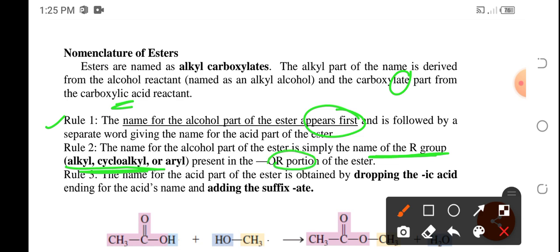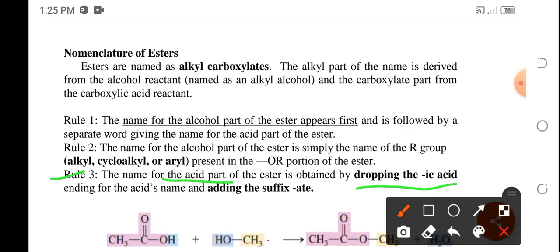And that is the OR portion of the ester. And then we have rule number 3: the acid part of the ester is obtained by dropping the IC acid in the ending of the acid's name and adding the suffix ATE.